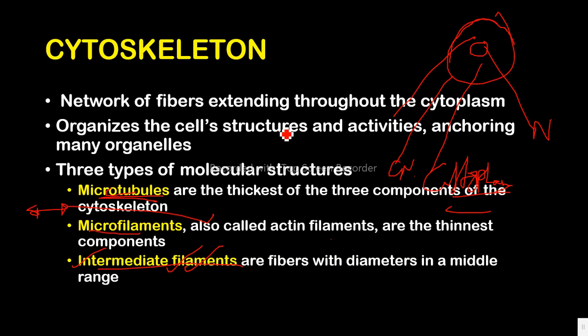And depending on which cell, depending on the location of a cell, it will determine which one will be prominent. For example, the intermediate filaments. You have desmin, we shall find it down. They are abundant in muscle cells, where they contribute to the muscular contraction. You have the keratin. It is an intermediate filament.